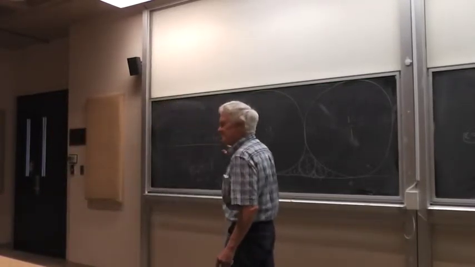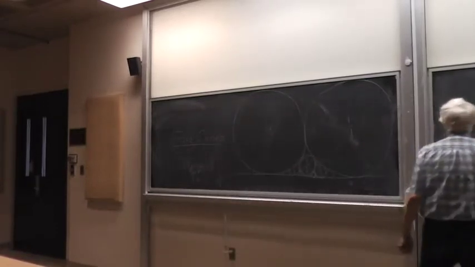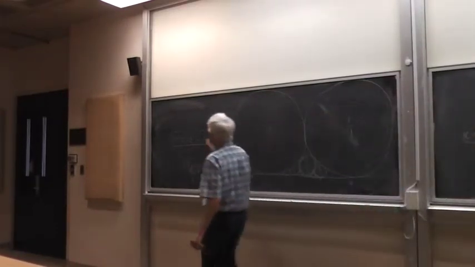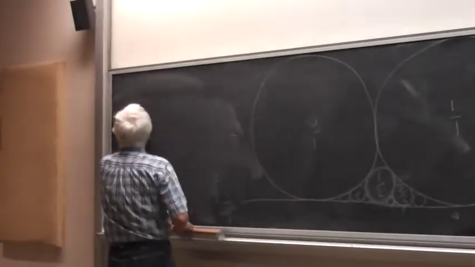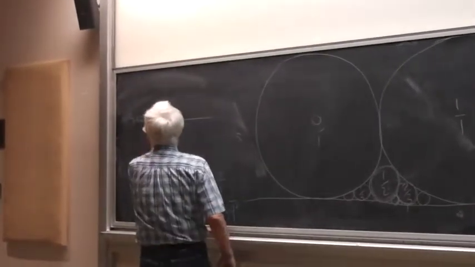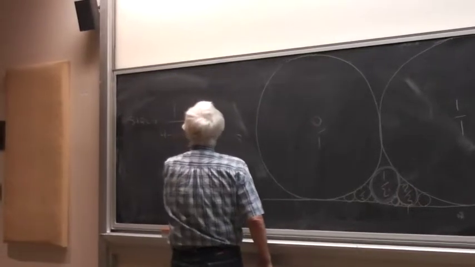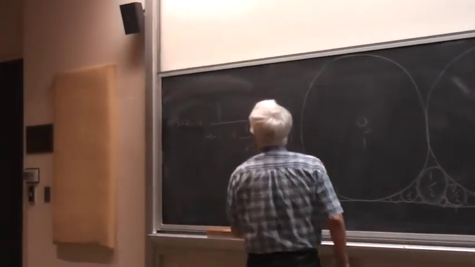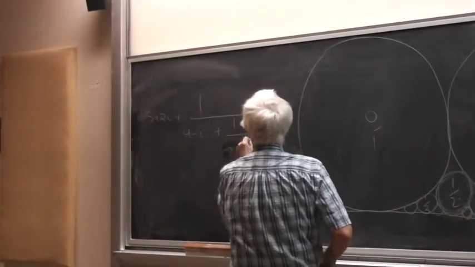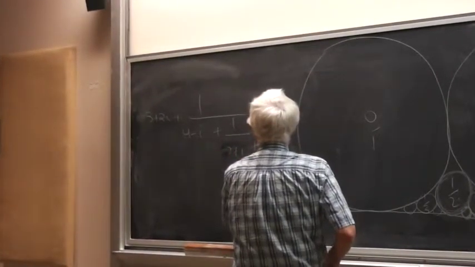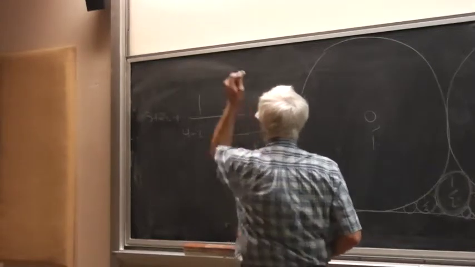There's something wrong, though, with that. With trying to find, for example, if I did something like this, 3 plus 2i plus 1 over 4 minus i plus 1 over i plus 2. Maybe I should write 2 plus i plus 1 over 3 minus 4i.